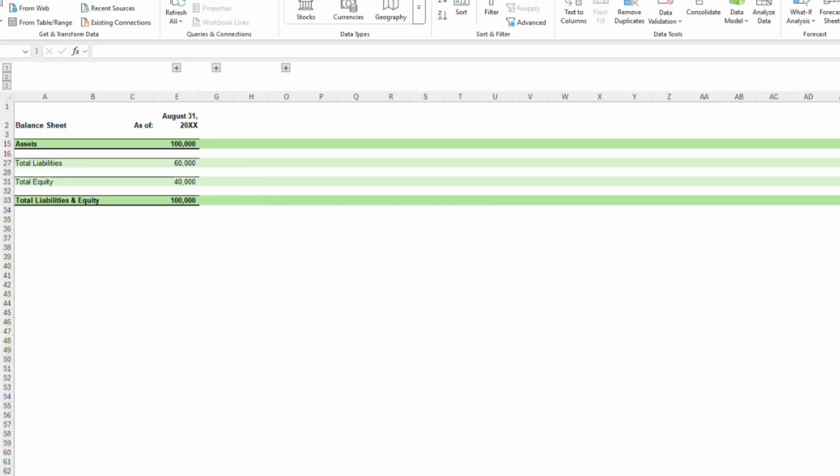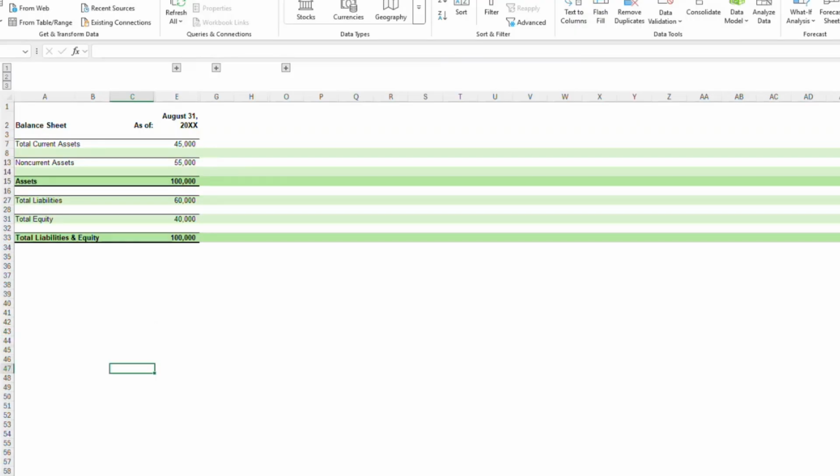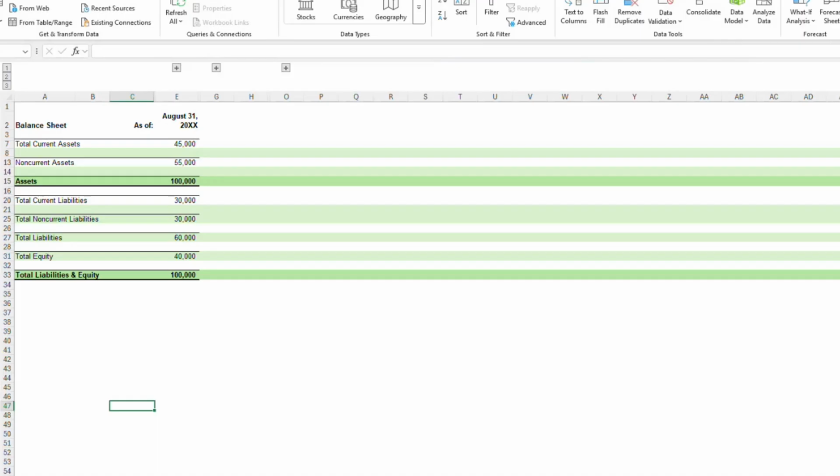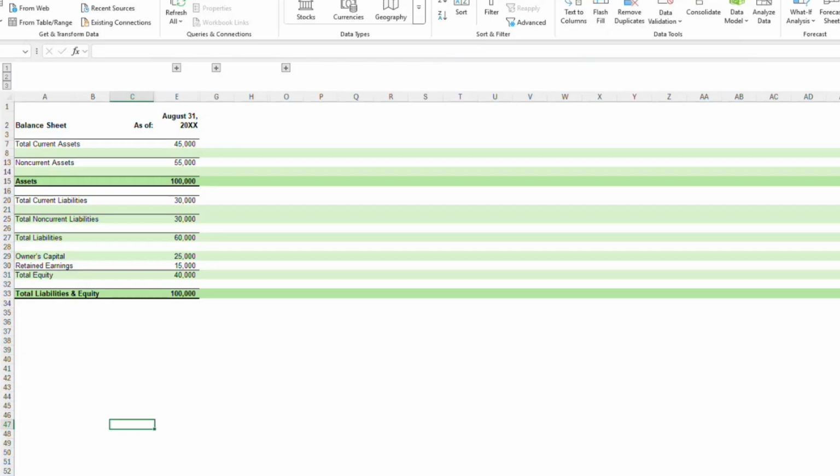When we just break it down, here it all is. If we break down the assets, we broke it up into the current assets and the non-current assets, and the current liabilities and the non-current liabilities, and then we have equity at the bottom, right?